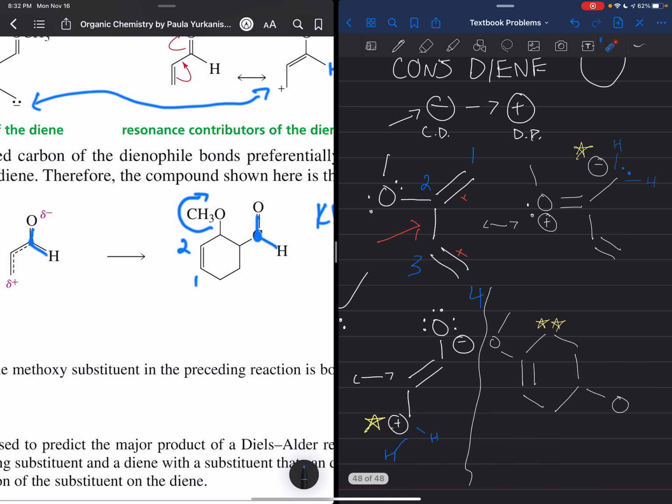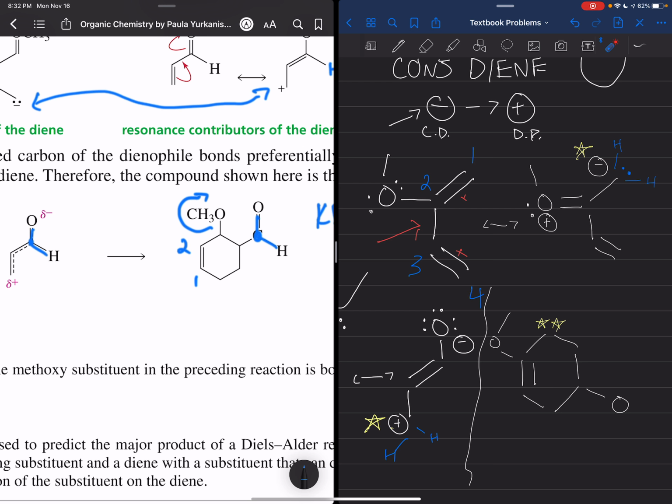So bringing this in, carbon. I feel like it's not. I feel like I'm missing a carbon in here somewhere. We know we're making a ring.